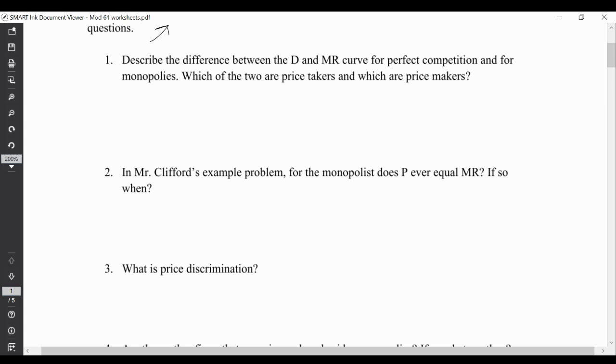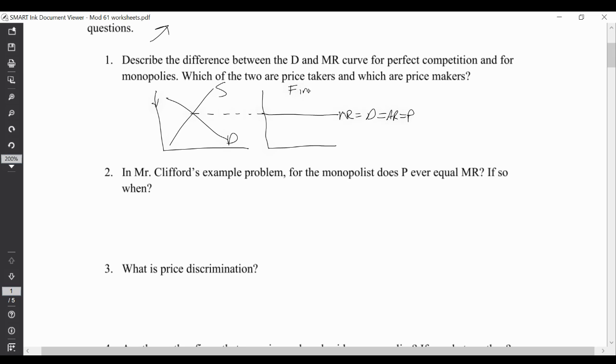Now, in a perfectly competitive market, here's the demand curve and here's the supply curve of the market. And this market price becomes the firm's marginal revenue curve, the demand curve, the average revenue curve, and the price curve. So this is what the firm looks like, and this is what the market looks like.